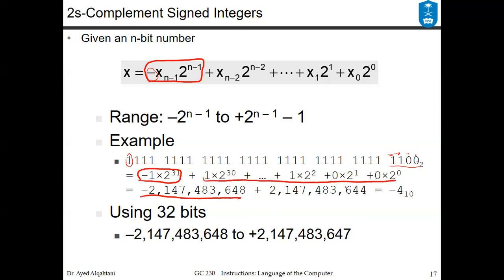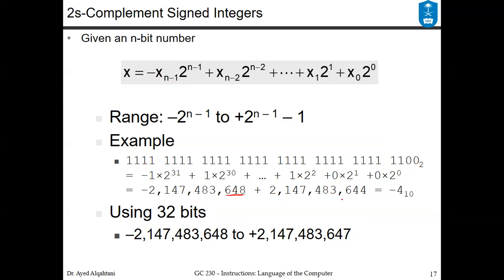If you add them together, you will find them this way. And then if you do the mathematical operation, which is minus 2 billion plus 2 billion, but there are some differences here, as you can see. If you subtract those, it would be minus 4.